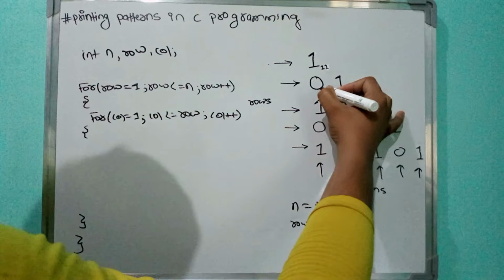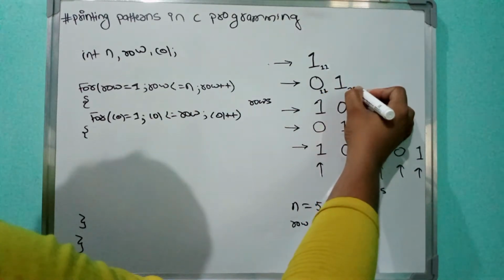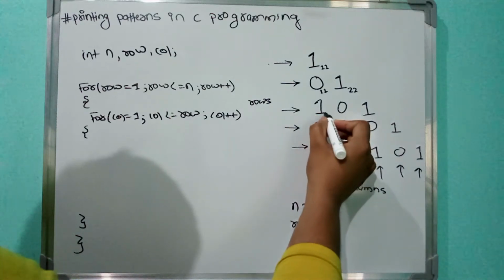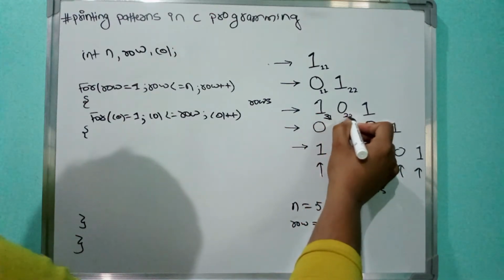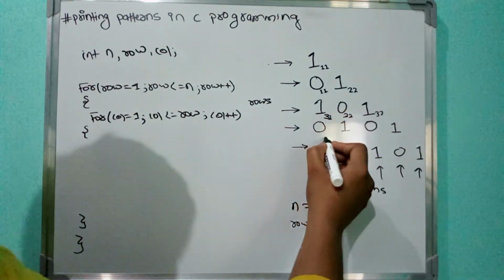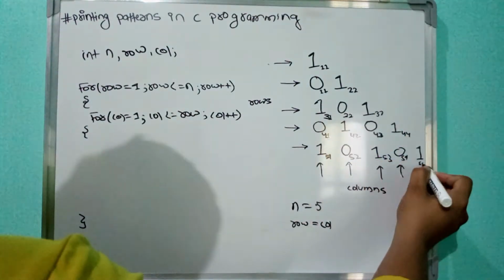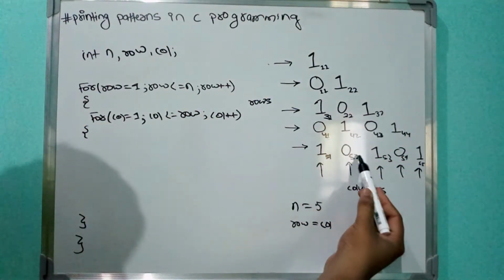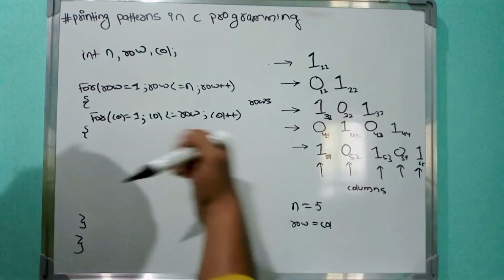This one is at row 2 and column 1. This one is row 2 and column 2. This one is row 3 and column 1, this one is row 3 and column 2, this one is row 3 and column 3, and so on. So these are all the indexes showing the position of the current elements.